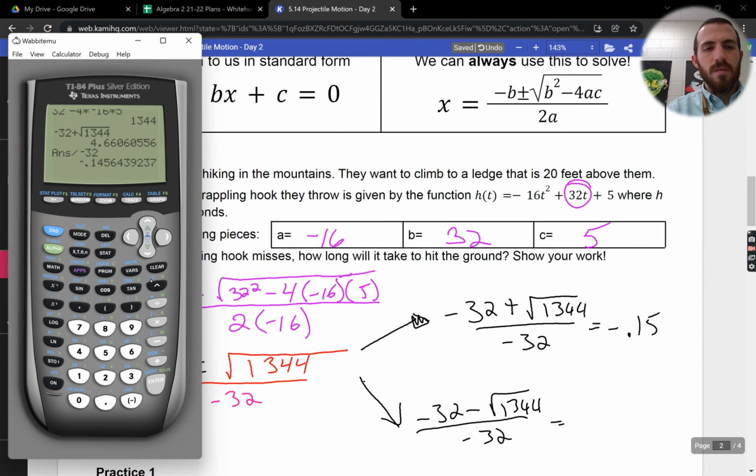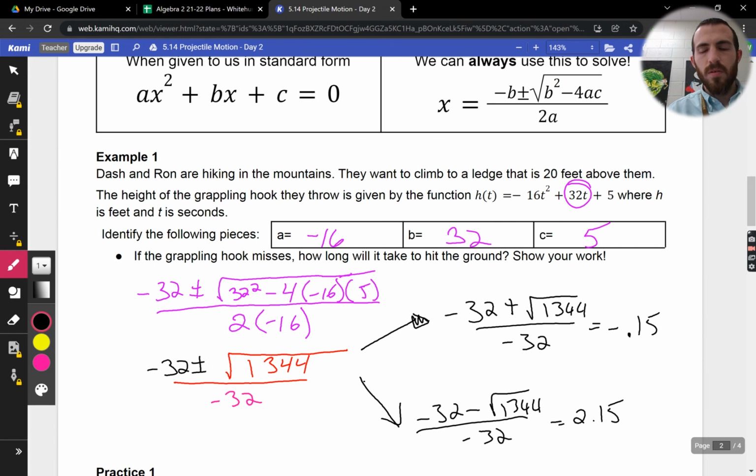And if we do the other one, we're going to have negative 32 minus, this time, square root of 1344, and then divide it by negative 32. So we get positive 2.15.